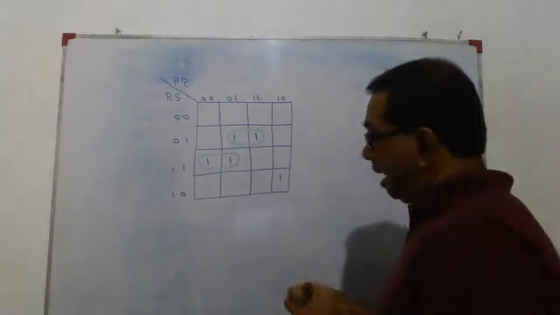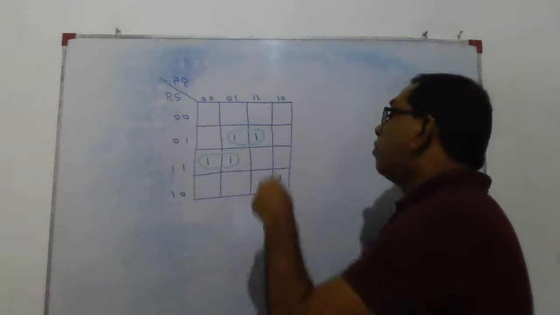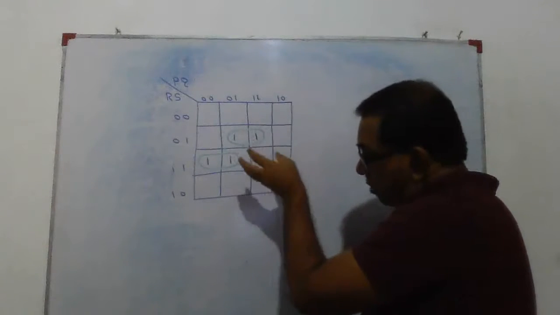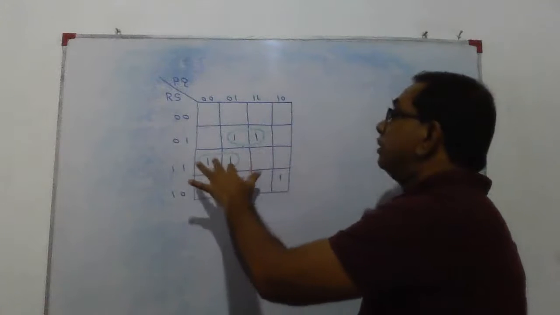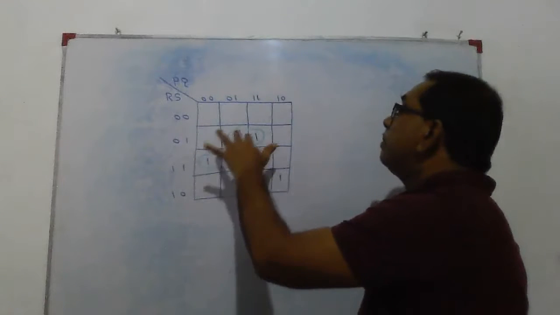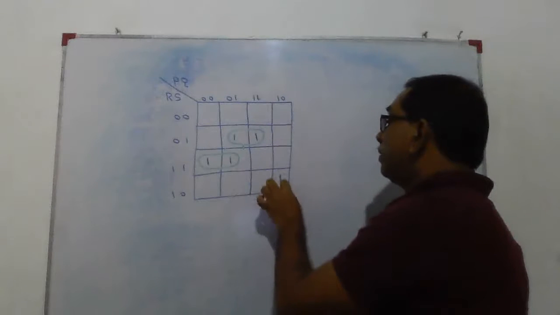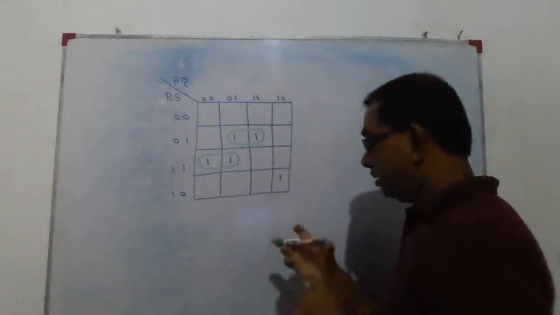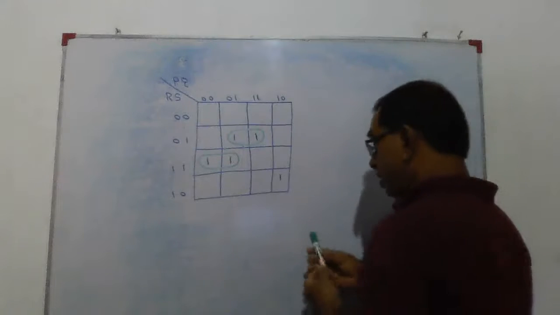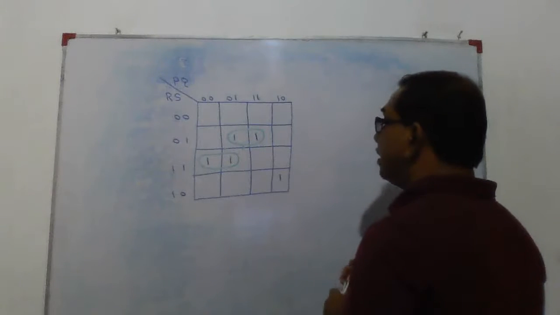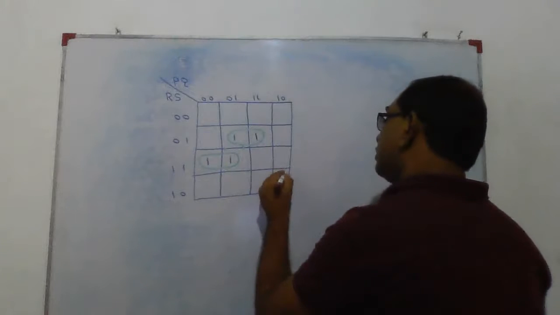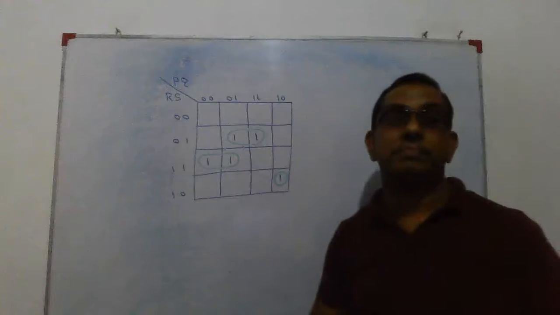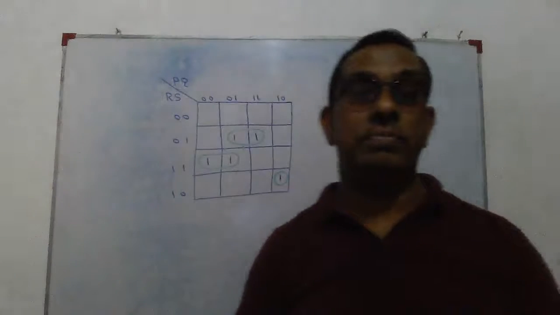Why? At least a single one should be within a group. So these two are now in a group, and here they are in a group. There is one with no chance to join them, so we take this one as a single group. Now how many groups are there? There are 3.